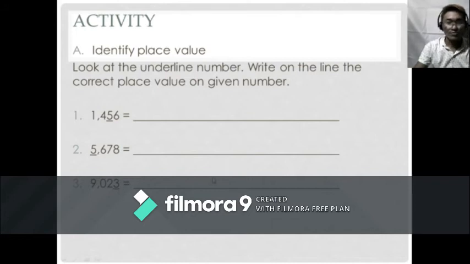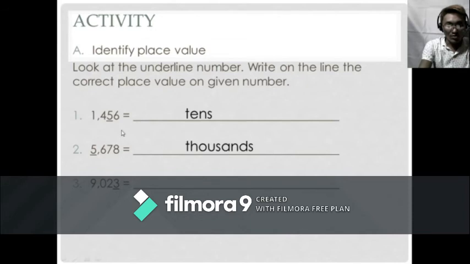Okay, just answer, children. When you are done, just check. Who got the correct answer? The answer to number 1 is tens, because 5 is in the place value of tens.